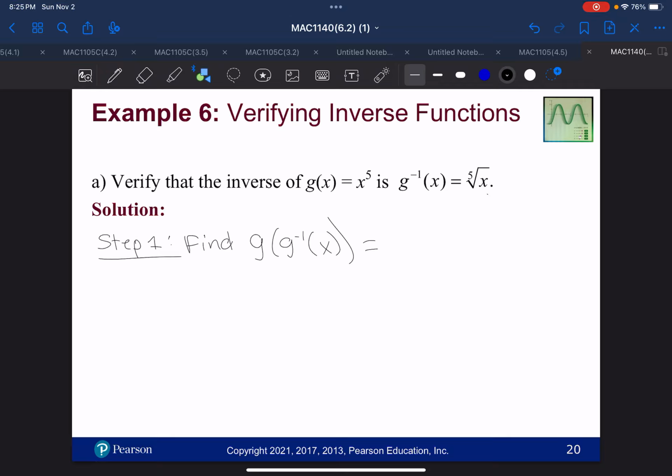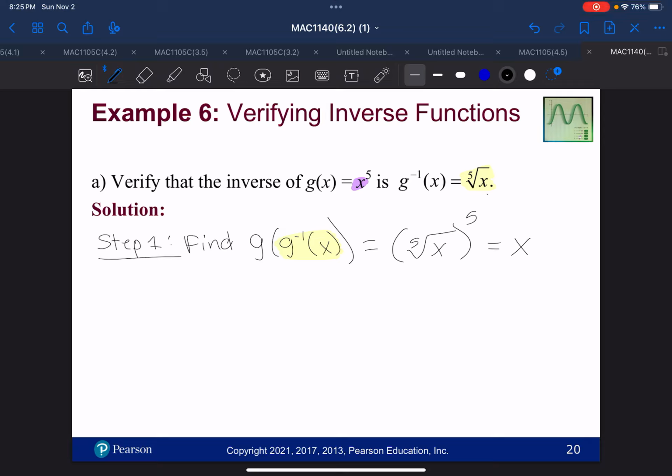So what this means is it tells me to take what they tell me the inverse function is and plug it into g of x everywhere I see an x. So this will be equal to the fifth root of x, all raised to the fifth power. And hopefully we know that the fifth root and the exponent of 5 cancel each other, and this will just leave us with x.